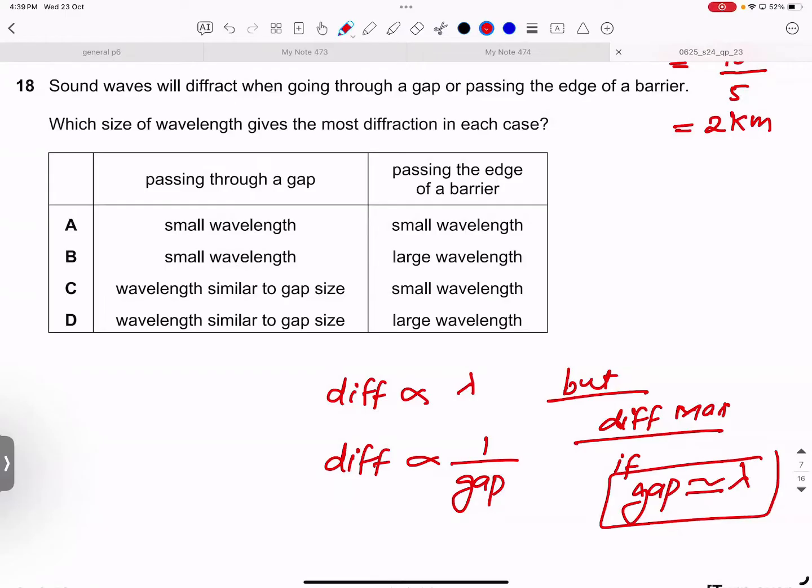So small wavelength, no. Since you need most diffraction, certainly there should be more wavelength. So A and B both are wrong options. Now, passing the edge of the barrier should have small wavelength or large wavelength? Larger the wavelength, more the diffraction. Option is D.